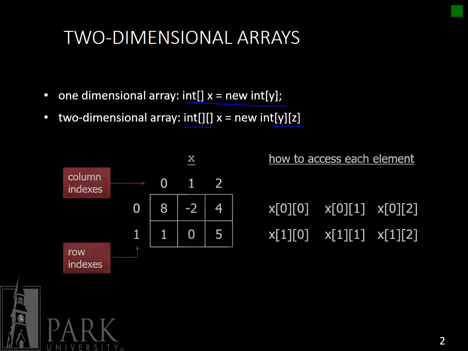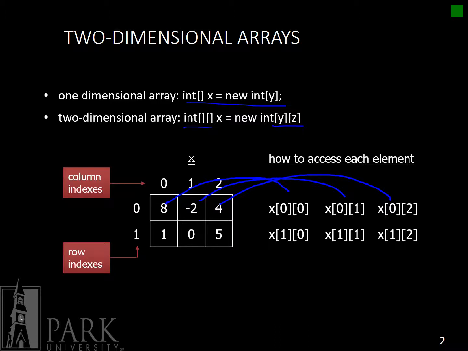So for example, here's a 2-row by 3-column array named X, and you can see here are the values. This is the column index, and this is the row. So the first position, 0, points to which row we are in. So this 0, 0 is going to be here, this 0, 1 is going to be here, and this 0, 2 is going to be here.